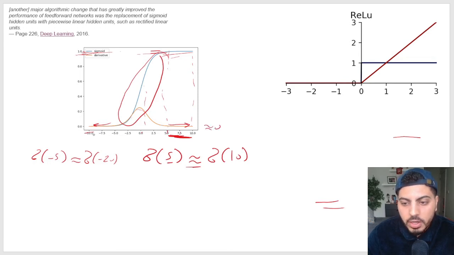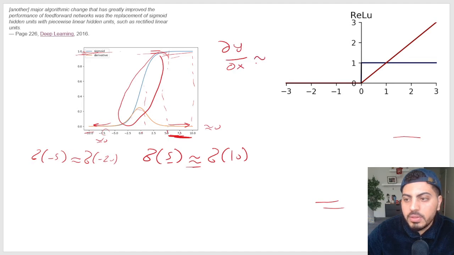And if you get a very negative score, like -7 or -10, the derivative is almost 0 as well. So you have a problem where your derivatives are approaching 0, so the derivative of the output with respect to the input will be 0. When you're doing gradient descent, you'll be multiplying gradients with each other from the chain rule.